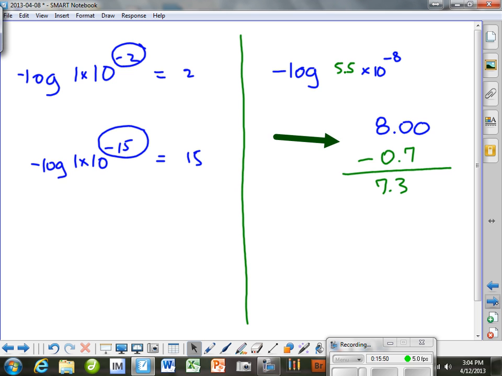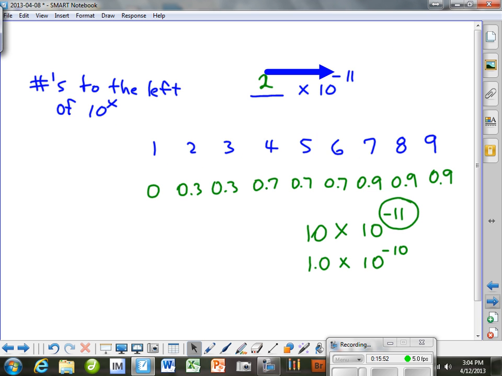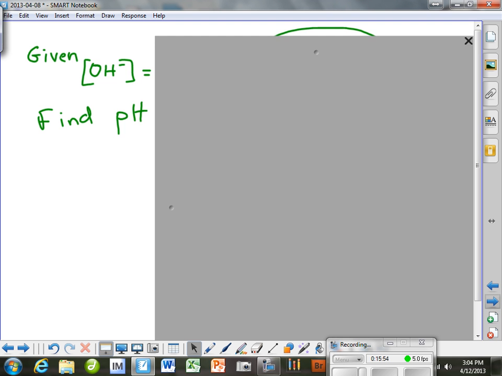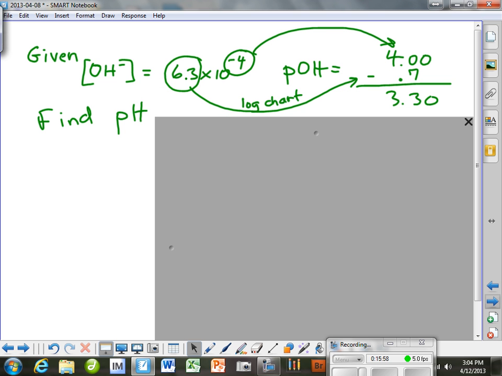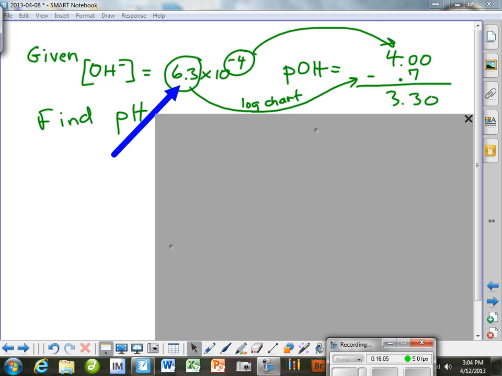Let's go and look at another example. Here we go. This is more like your homework. Okay, looks complicated. Not so. First of all, let's focus on the 6.3 part. Actually, we'll focus on this first.